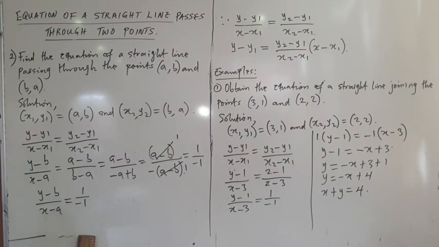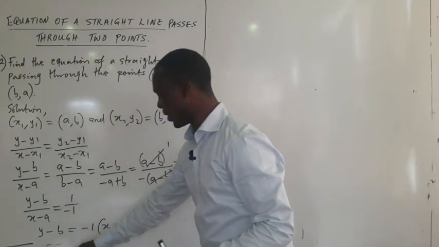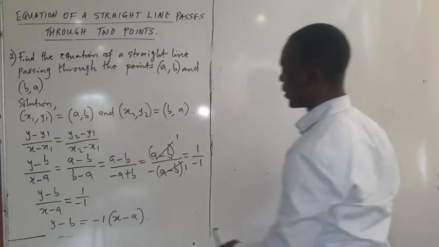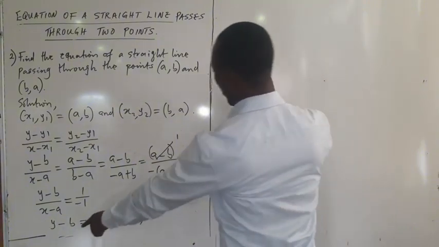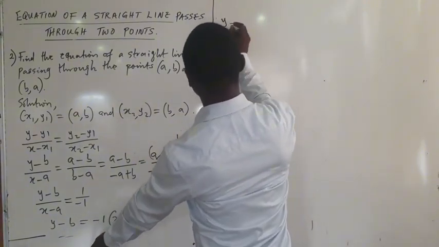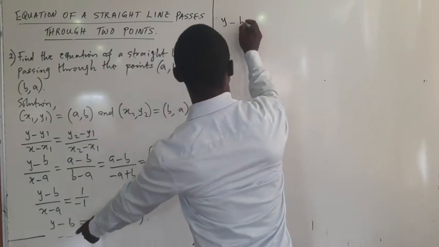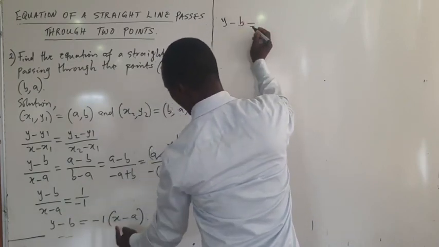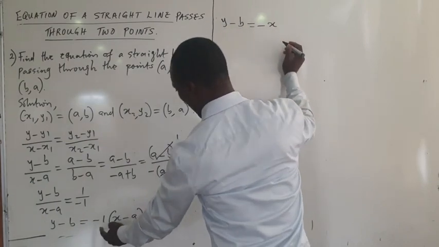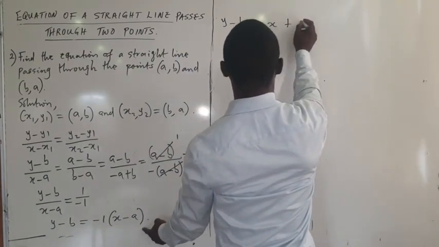So the next thing to do is to cross multiply. If we cross multiply, we have y minus b equals minus 1 into (x minus a). By opening the bracket, we have y minus b equals minus 1 times x, that's minus x, then minus 1 times minus a, that is plus a.